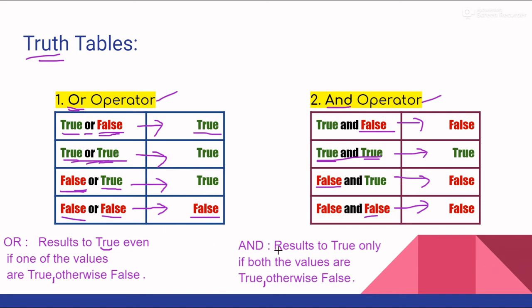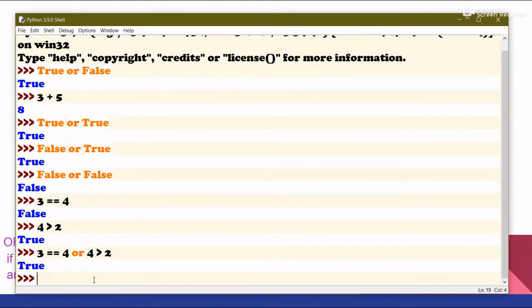But for the AND operator, it only results in true if both the left hand and right hand values are true, right? In this case only. In the second case you can say true and true, this results in true, otherwise false. So if even one of the values is false, the whole result will be false in case of the AND operator. So let's see some examples.